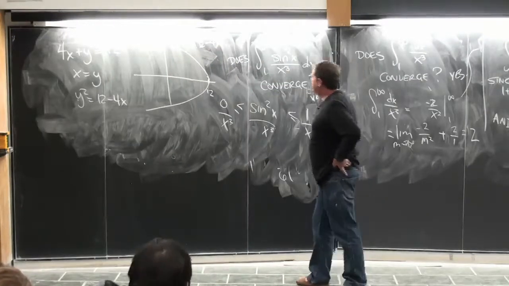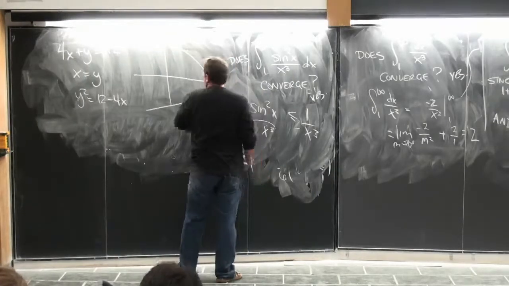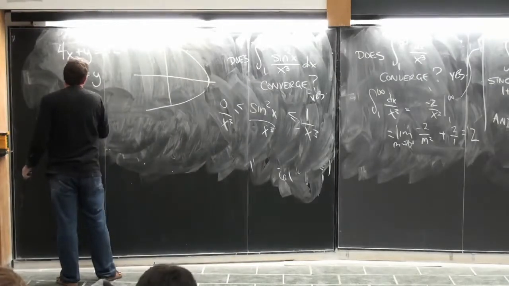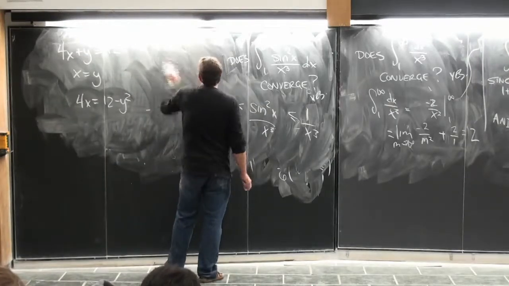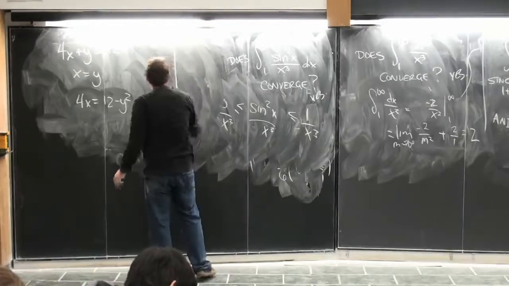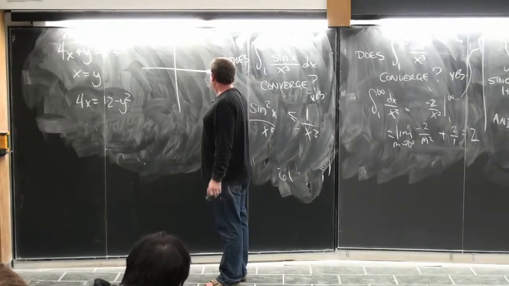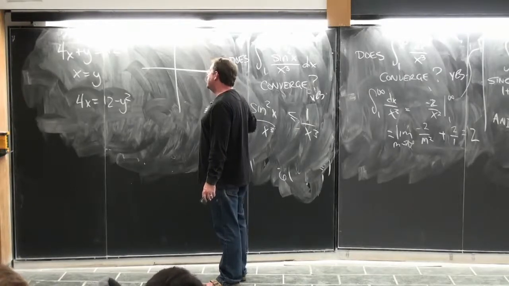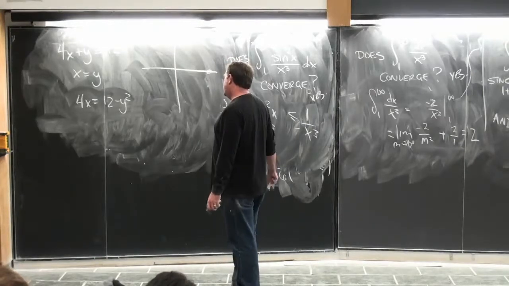Wait, no, I did this backwards, I'm sorry. I'm dumb. So this is the same, sorry. This way. Okay. So when x is 0, y is still 12. When y is 0, then x is 3. Why can't I do this? Is it open which way? 12 minus y squared should open down.